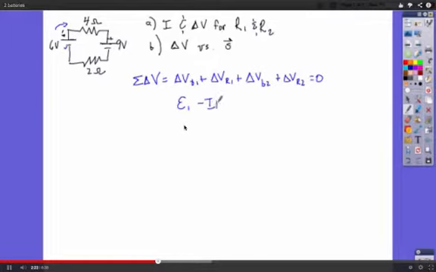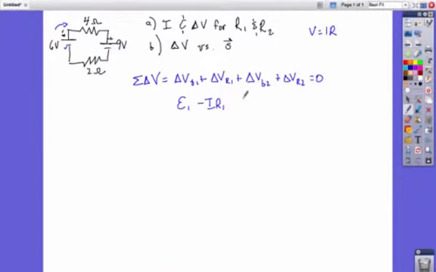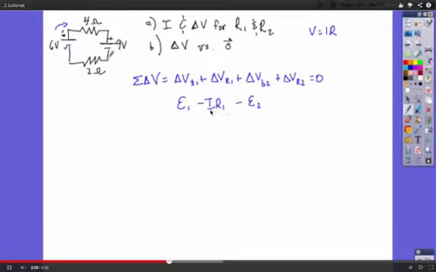Just a bit of nomenclature. This E here means EMF, which is a classical idea about electricity known as electromotive force. Now, Ohm's law says V or E, epsilon, equals current times resistance. So if I'm subbing the change in voltage for resistor 1, I can just say IR. Whenever you cross a resistor, your voltage drops.